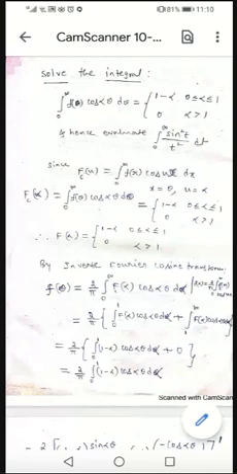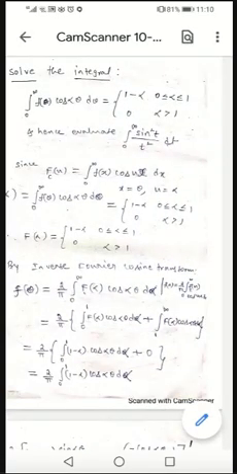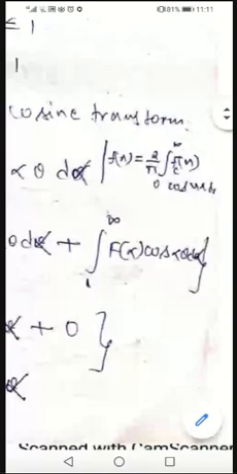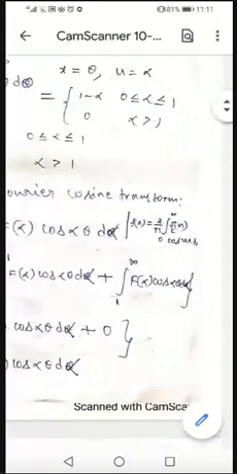So u becomes alpha, x becomes theta, and f of theta becomes 2 by pi, the integration from 0 to infinity of Fc of alpha cos alpha theta d alpha. In the place of du, I have written d alpha. See, this is the inverse Fourier cosine transform formula, with x as theta and u as alpha.